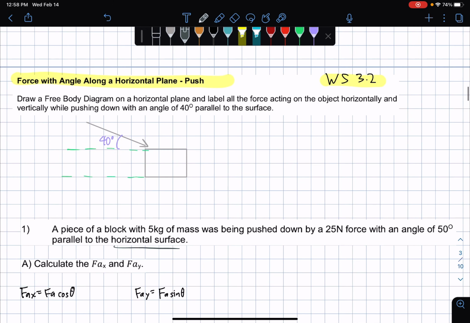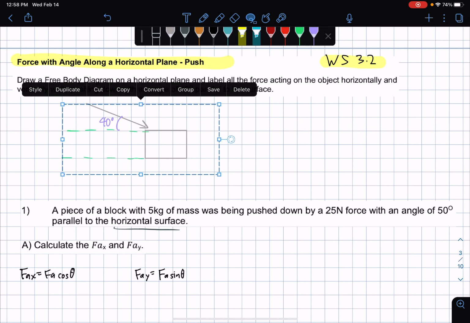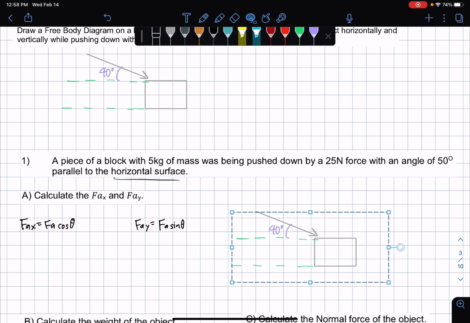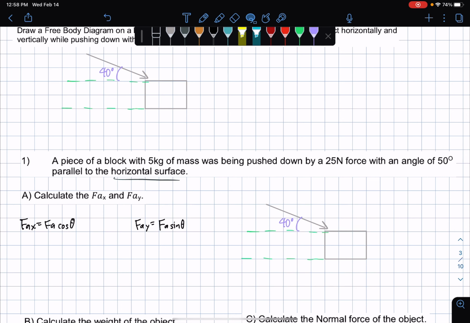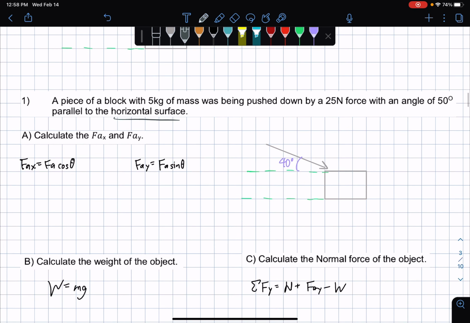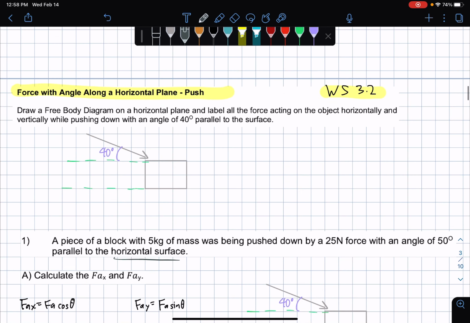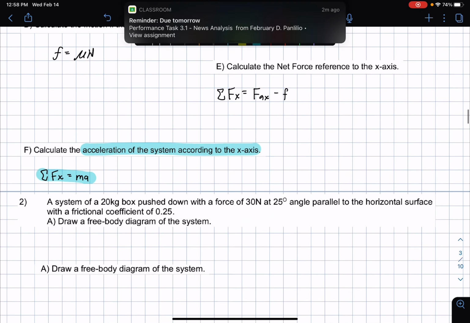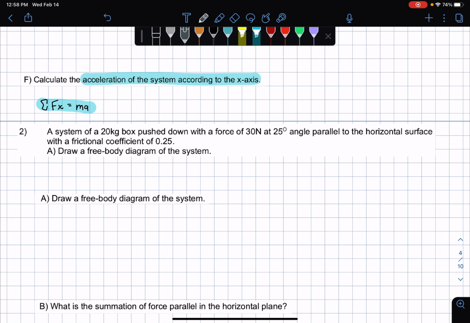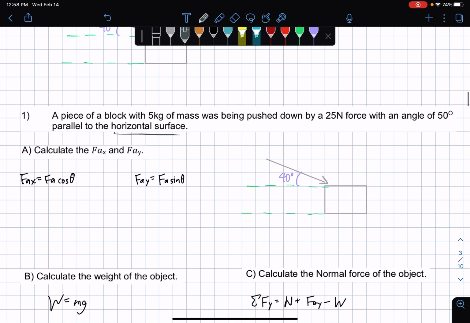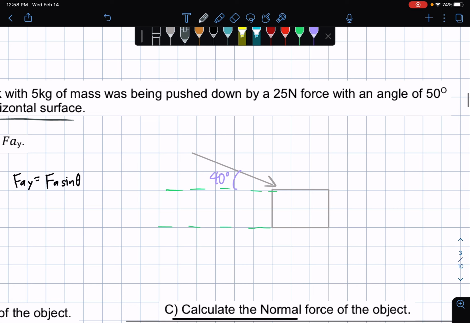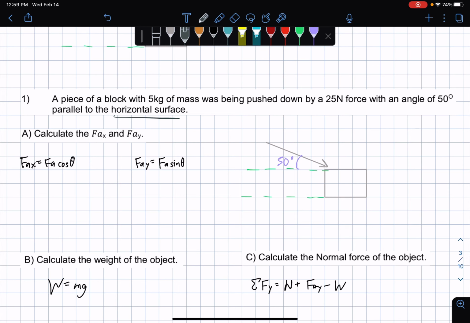Yeah, this is going to be our general illustration, but in numbers 1 and 2 we'll have different scenarios. We have different values in terms of mass in particular, as well as the force. So we have 50 degrees instead of 40.